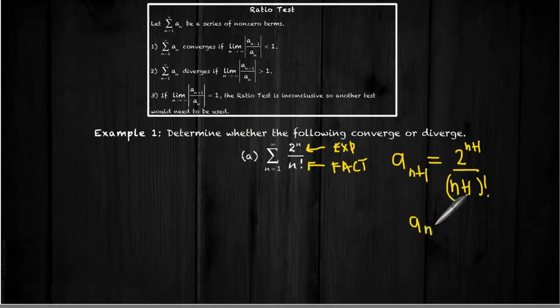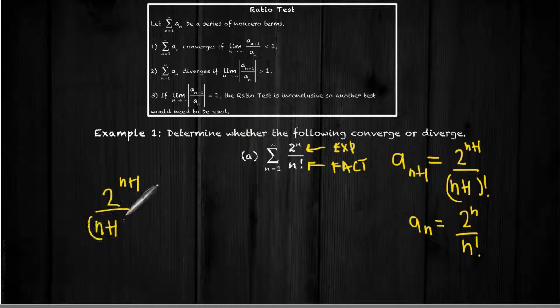And then a sub n is simply the series that they gave us. Now we're going to divide those two. So we'll put the a n plus 1 series on the top: 2 to the n plus 1 over n plus 1 factorial, all divided by 2 to the n over n factorial.